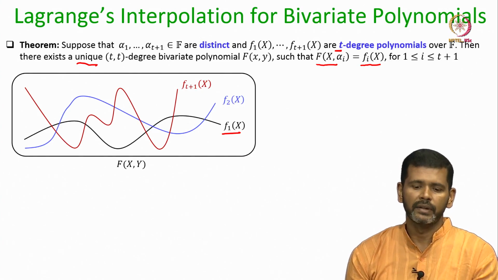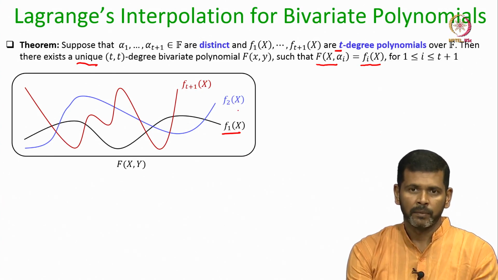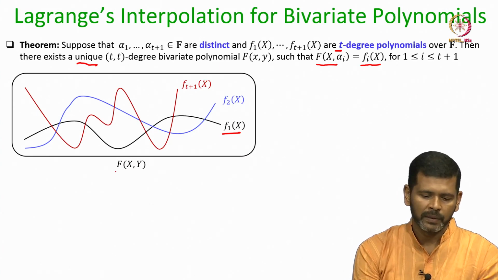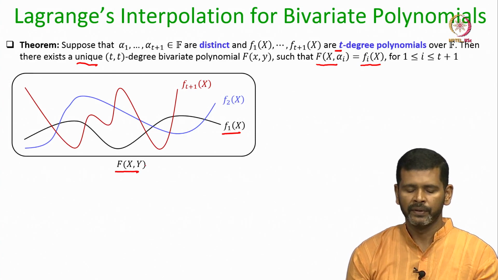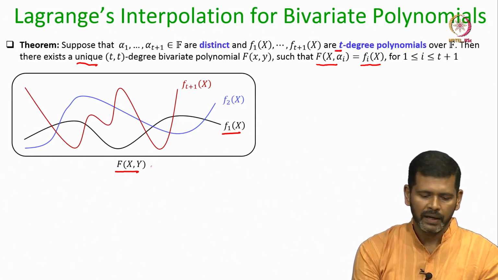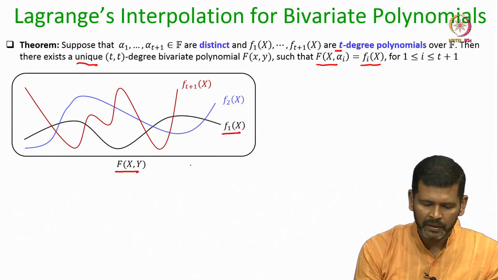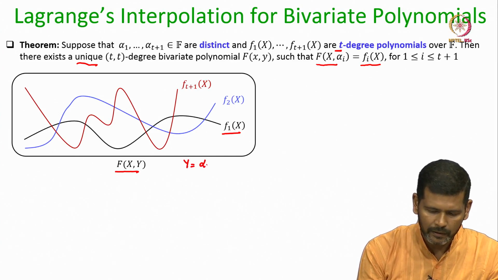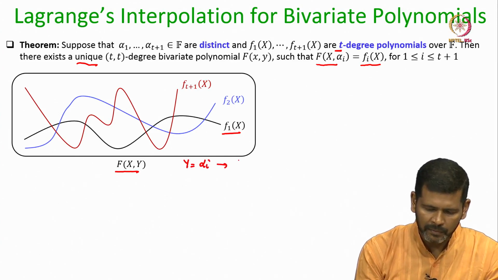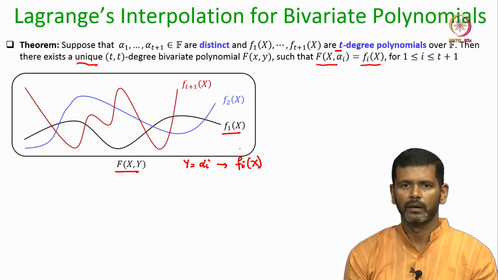Then using these t plus 1 univariate polynomials, I can always form a unique bivariate polynomial of degree t in each variable, such that when I evaluate this bivariate polynomial at y is equal to alpha I, it will give me the ith univariate polynomial which I was given, right.